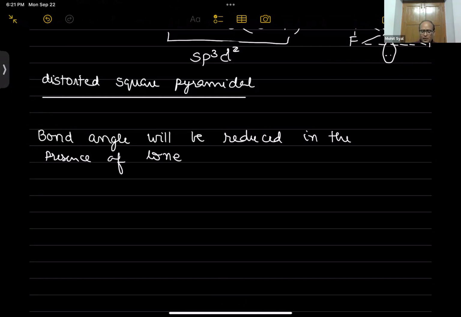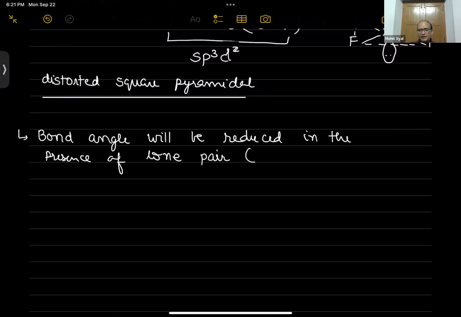So this is a very important point of the VSEPR theory, that bond angle will be reduced in the presence of lone pairs. Why? What justification are you going to give? Because the lone pair is not having another atom on one of its sides, so it occupies more space. It causes more repulsion.